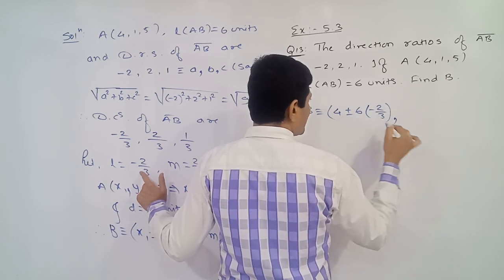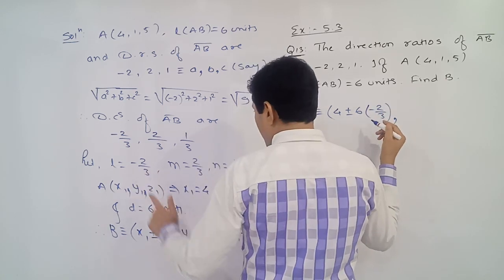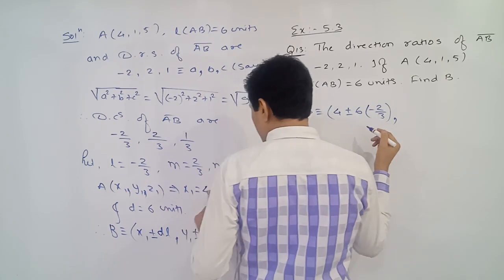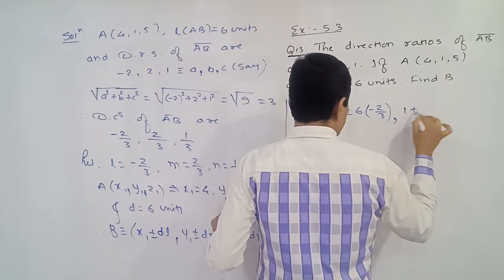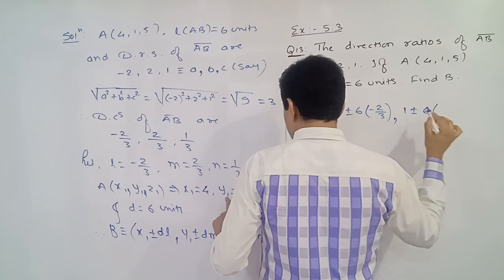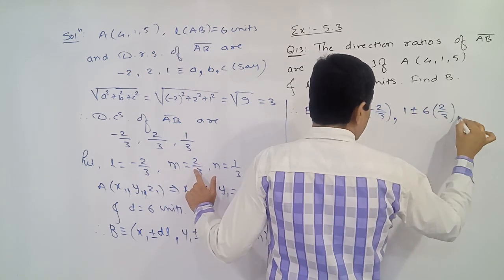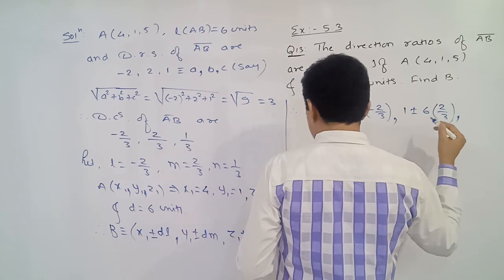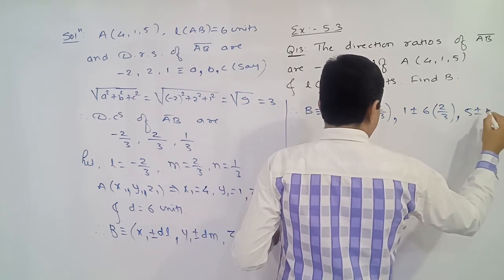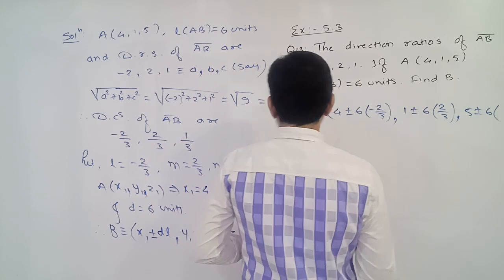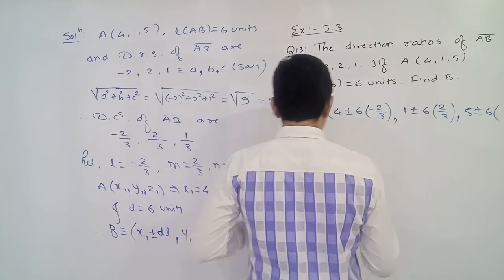This will be your x coordinate. Now for the y coordinate, y1 is equal to 1 plus or minus d, which is 6, into m, which is 2 by 3. Lastly, z1 is equal to 5 plus or minus d, meaning 6, into n, which is 1 by 3.